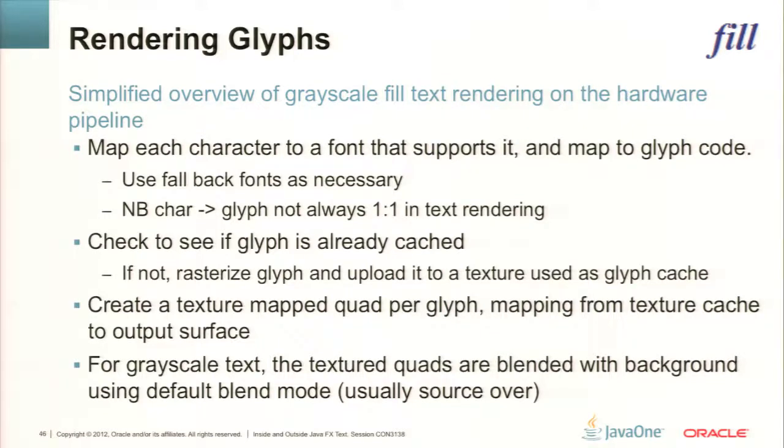The glyph code does correspond to a glyph, and this is definitely not a one-to-one mapping all the time. We need to check to see if the glyph code exists in our glyph cache. So we maintain a large texture which has all that data, and we texture map the quads.